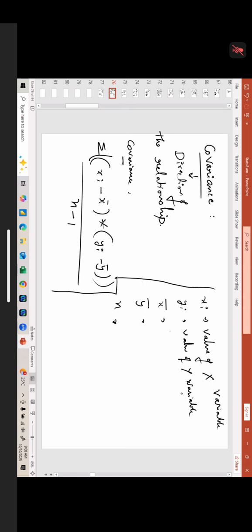X bar is the mean of x sample. This is the mean of y, and n is the number of data points. Is this understood? Covariance is okay.